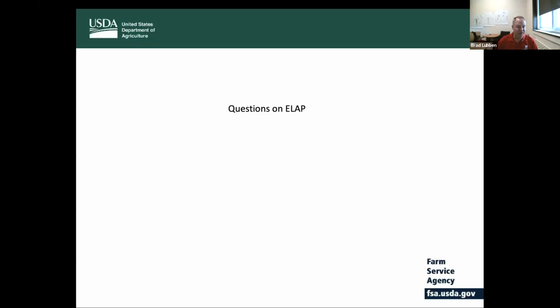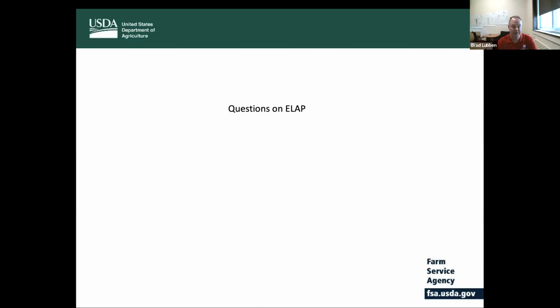The one question here specifically about ELAP: is ELAP available in disaster counties, or is it available to producers that can document a loss regardless of which county they're in? An ELAP application would take place in a county that has met the drought criteria for ELAP purposes.